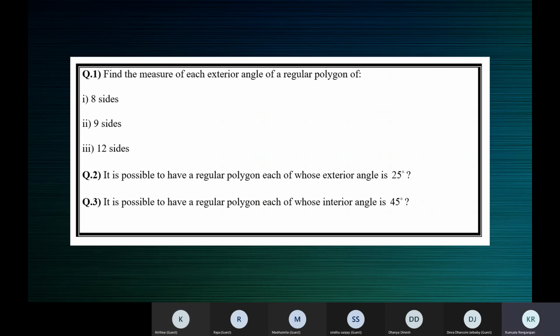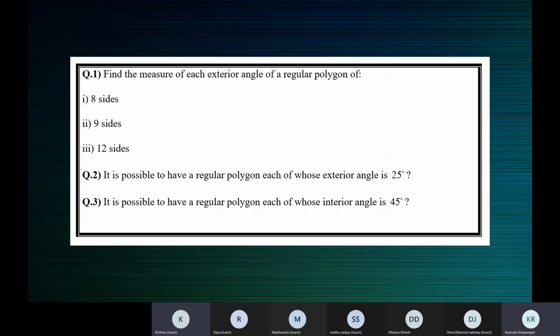Are you working, Kirtana? Yes, ma'am. You're right in saying the sum of all the interior angles is 1800. Now find each interior angle. May I know what you're doing, Kirtana? How are you trying to find that? Ma'am, should we divide 1800 by 12?